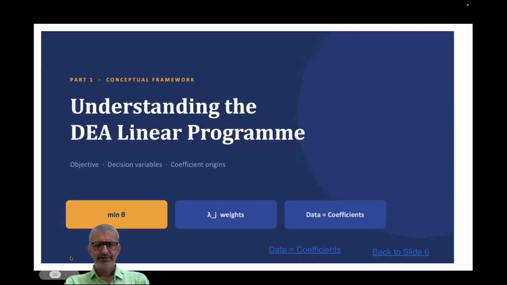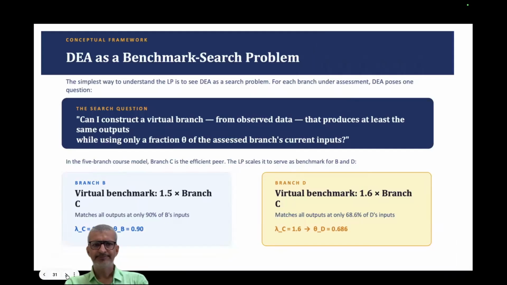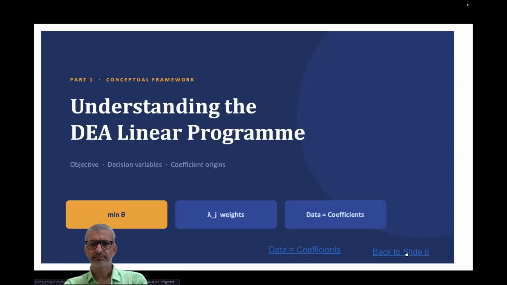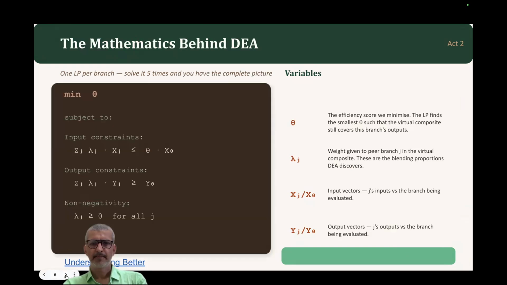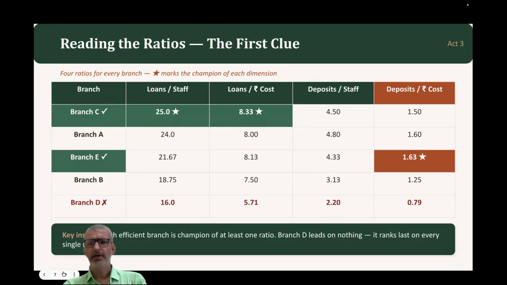Okay, now let's look at, again, we'll go back to the original. So when we look at the table again, first we need to find out the ratios, right?